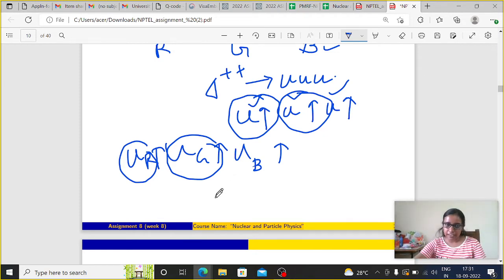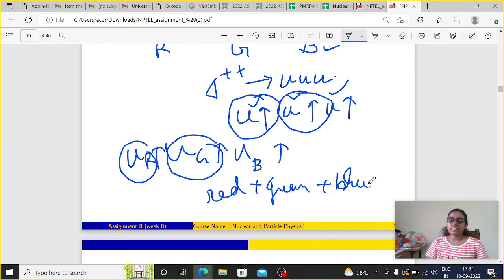Colorless means if I write red plus green plus blue, like I think in childhood you have painted something in your copy. If you color on that copy and mix red, green and blue in the same proportion, then it will become white color.